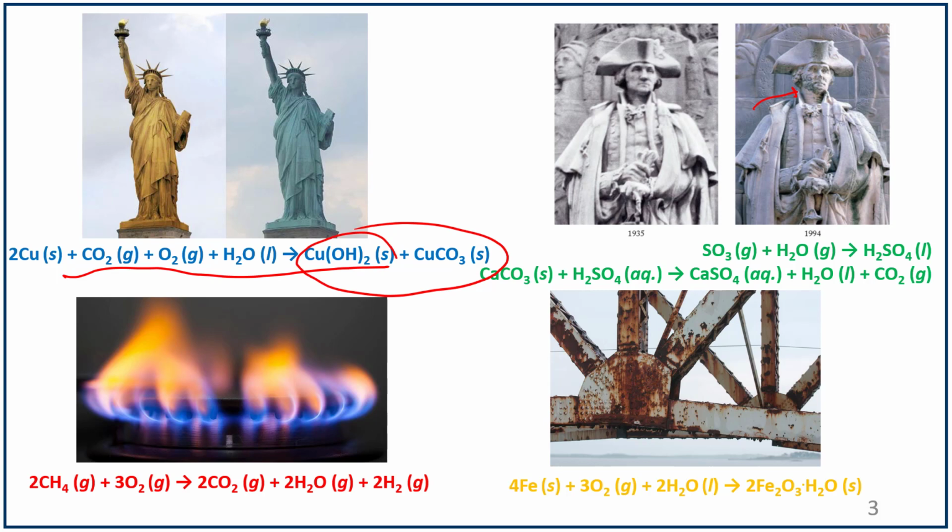And then you can also explain other phenomena such as combustion, especially if you have a gas range stove, with how those fires are produced or how your food is being cooked.